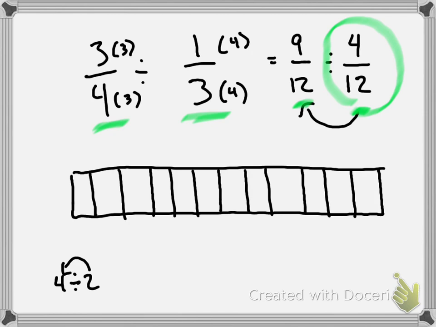So first of all, let's go ahead and color our 9/12. Since each of these little parts is 1/12, we'll go ahead and color 9 of these. Just kind of scribble them out like this.